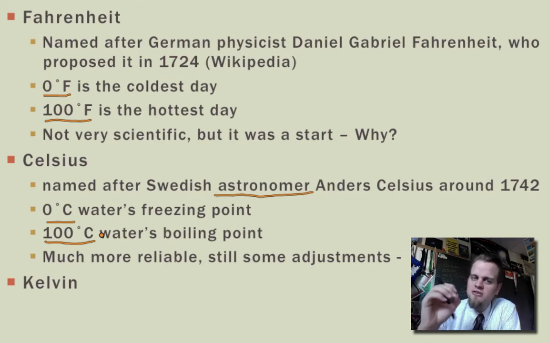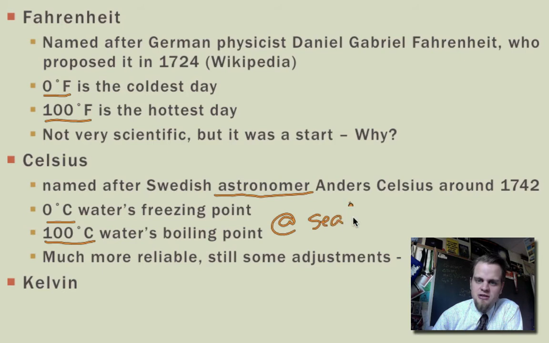Is it exact? Not quite, because water boils and freezes at different sea levels, or different elevation levels. There's only one sea level. But the idea here is that really what it winds up being is the water's boiling point at sea level.